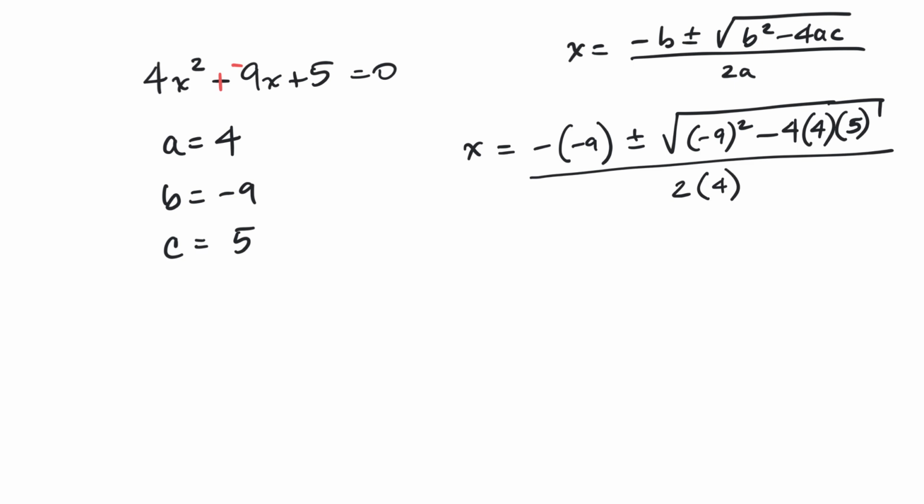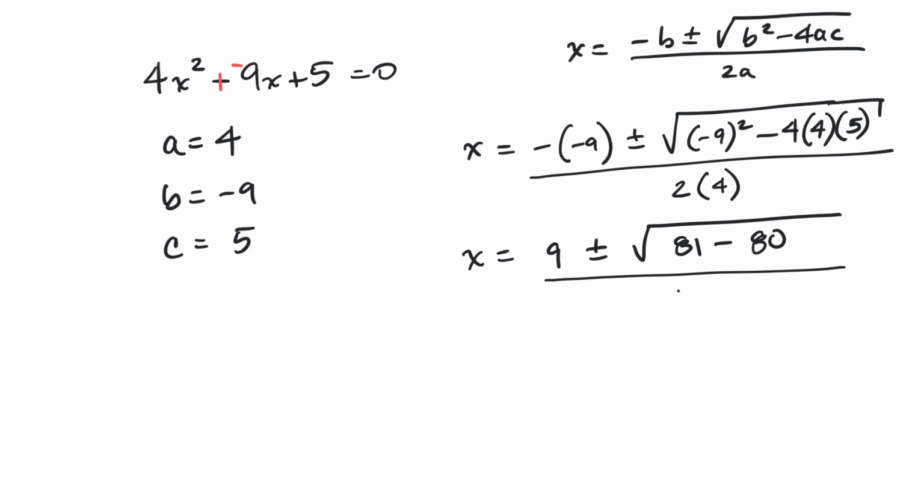Go ahead and evaluate this. So this will be 9 plus or minus the square root of 81 minus 16 times 5, which is 80. All that is over 8. So x equals 9 plus or minus the square root of 1, over 8.